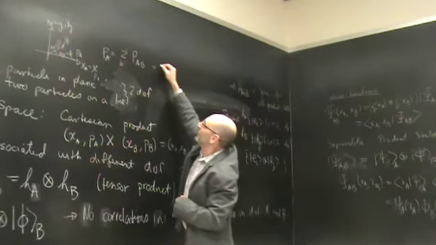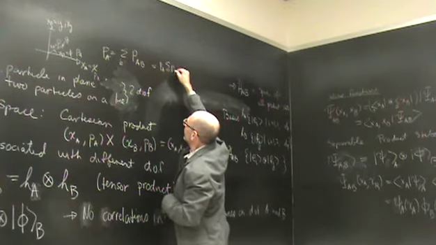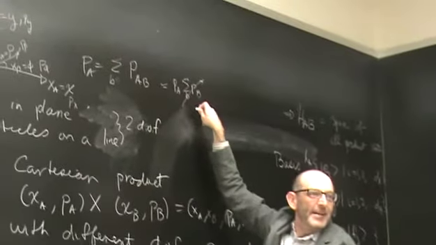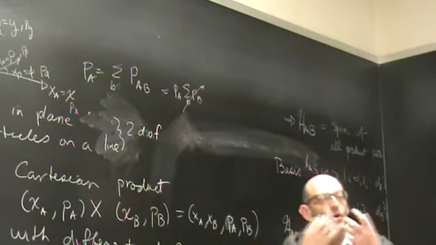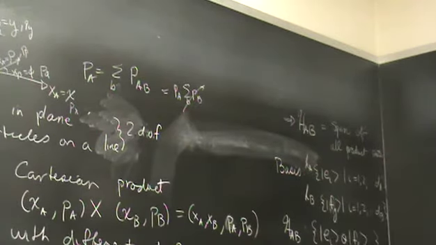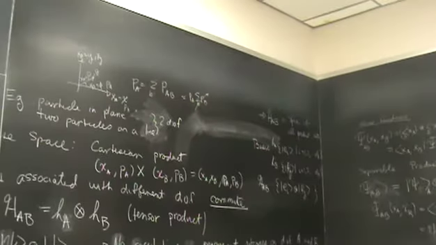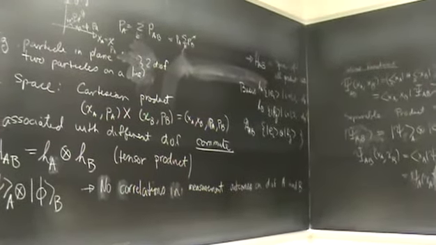Now, if this is equal to a product state of probabilities, well, then it's obvious. This is just the probability of A. It doesn't depend on B. So that's a key idea from logic. Two things that are uncorrelated, for this and that to happen, is just the product of their happenings. There's no correlation between them.